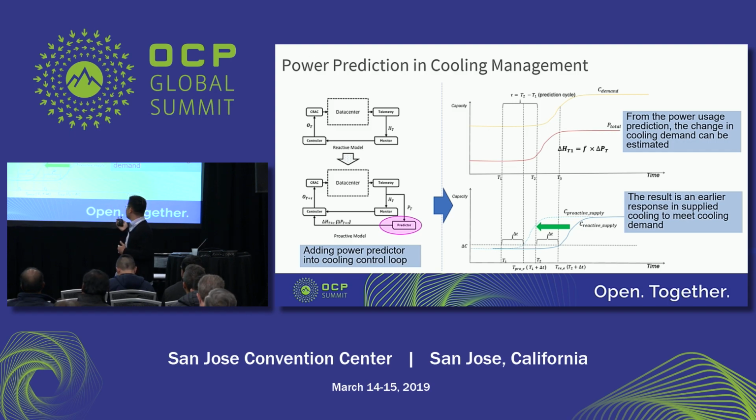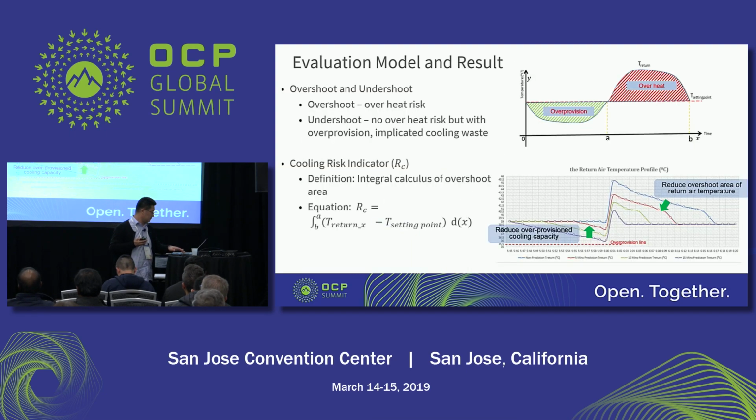The solid blue line is the supplied cooling capacity by the reactive model, and the dashed blue line is the supplied cooling capacity by the proactive model. So the result is an early response in supplying the cooling capability to meet the cooling demand.